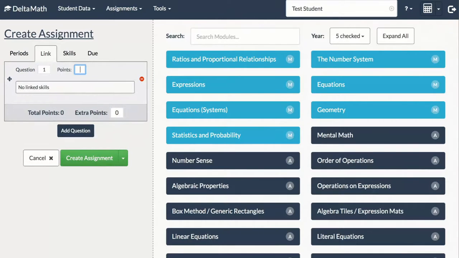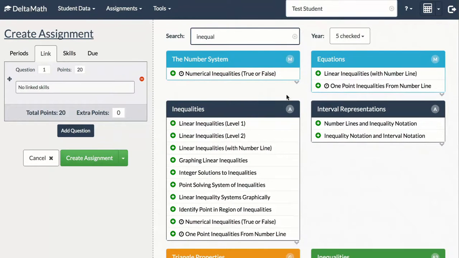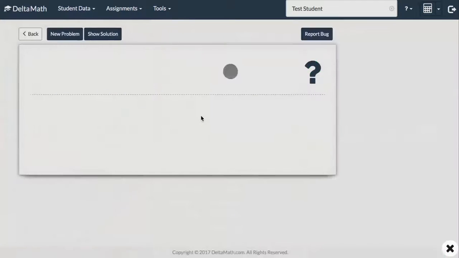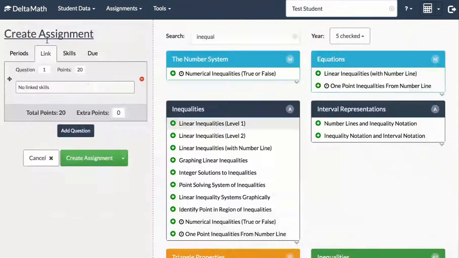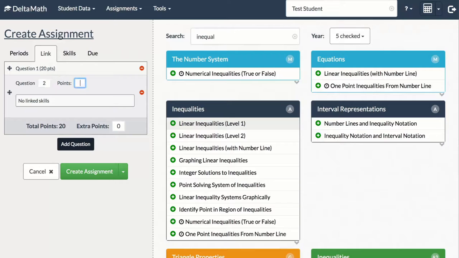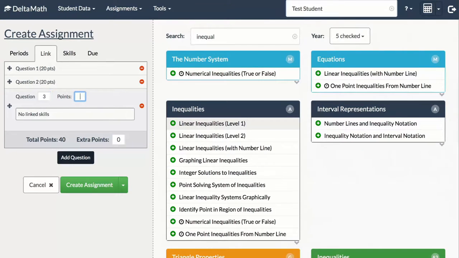So the link step is when we make the questions. Let's just say question 1 was 20 points, and it's on inequalities. So linear inequalities level 1 is this. Question 2 was about linear inequalities level 2. Question 3 was graphing linear inequalities.